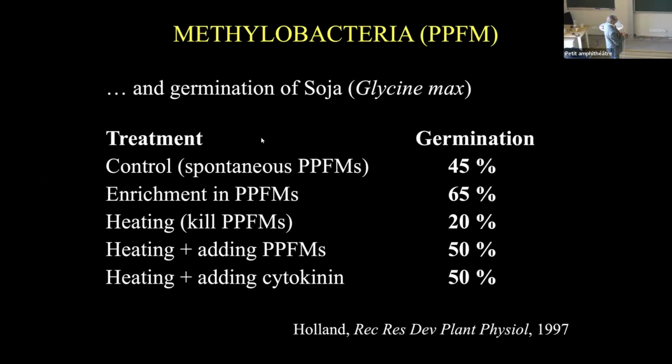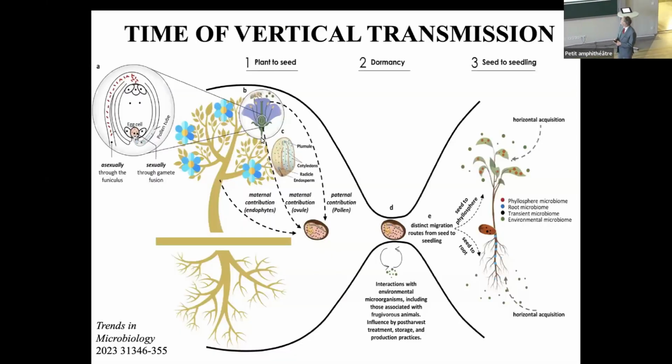You can come back to the previous phenotype by adding the bacteria or adding cytokinin. It's true that they produce cytokinin, and it seems that at germination there is a need of cytokinin that is partially depending on their presence. So it goes to germination in terms of reproduction.